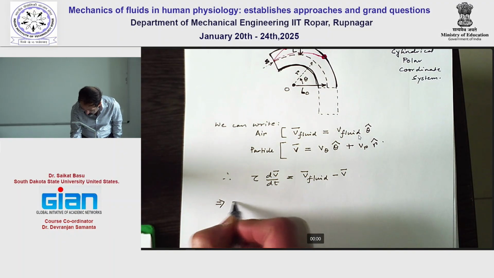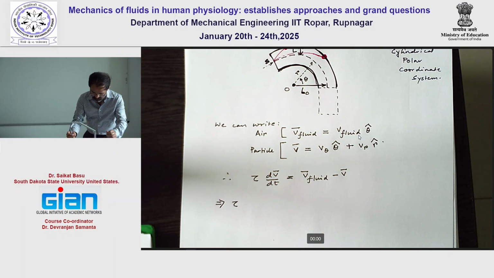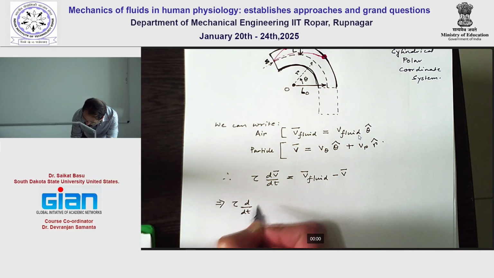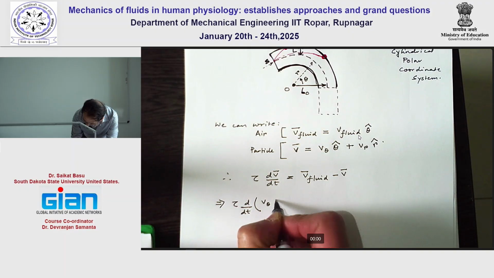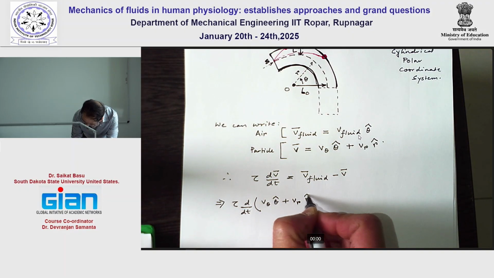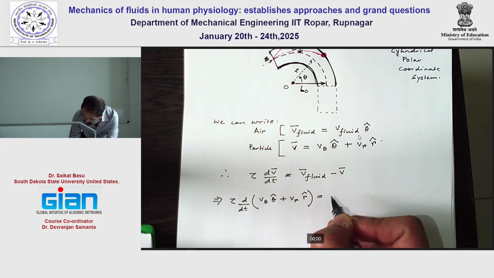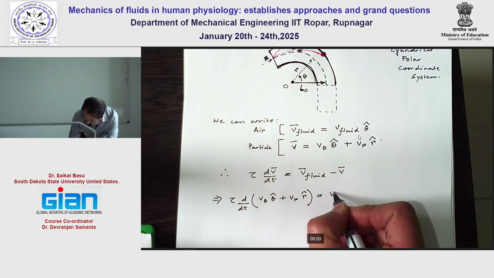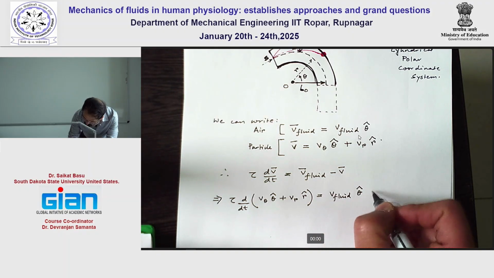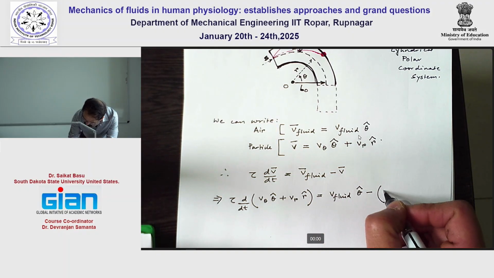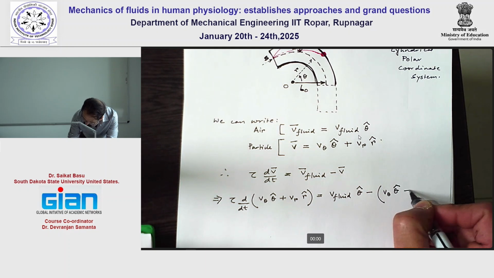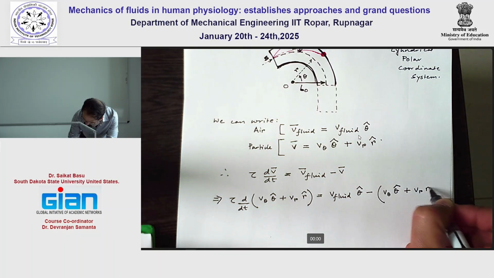So tau d/dt of v theta unit vector plus vr unit vector is equal to v fluid bar, which is v fluid theta minus v theta unit vector plus vr unit vector.